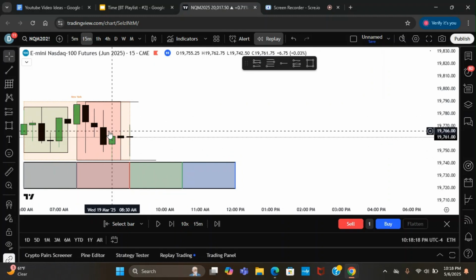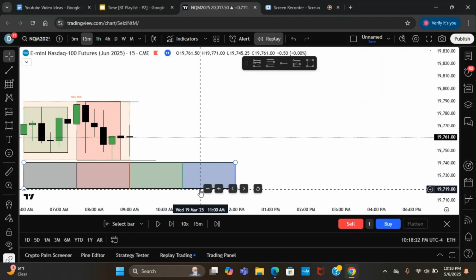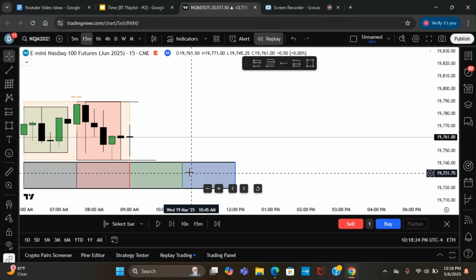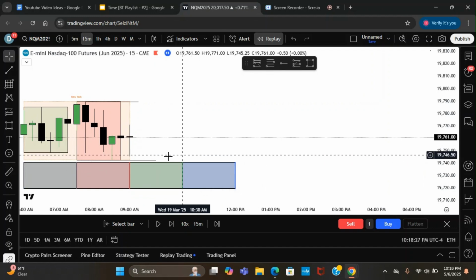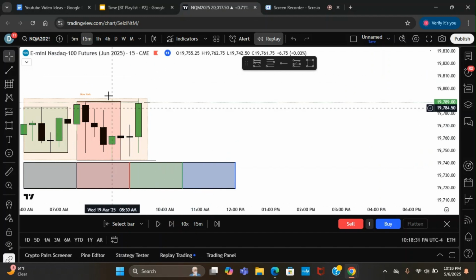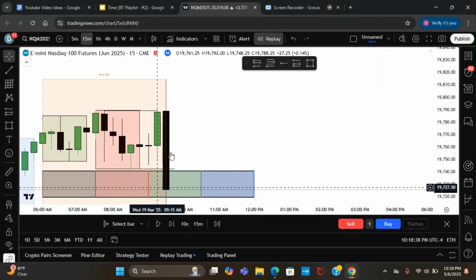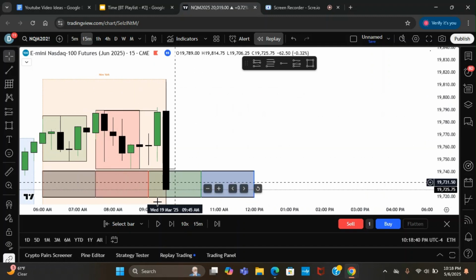So Q2 now becomes our accumulation phase, Q3 becomes our manipulation, and then Q4 would become our distribution phase where we seek our AMD target. So let's see what price ends up wanting to do. We go ahead and end up moving to that high, and then we end up flipping back to that low again.